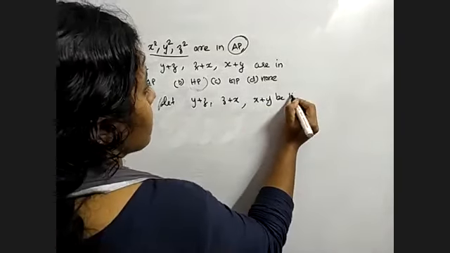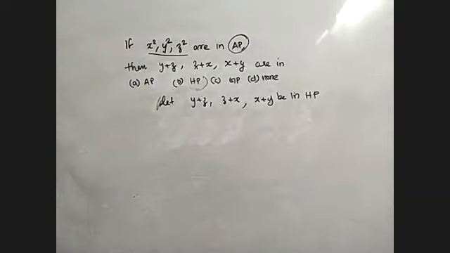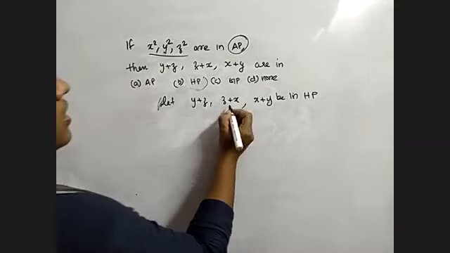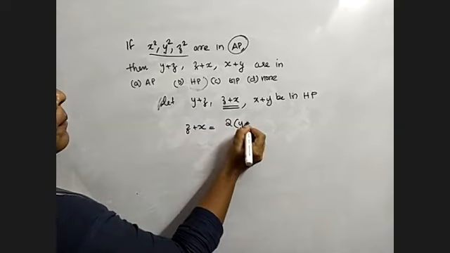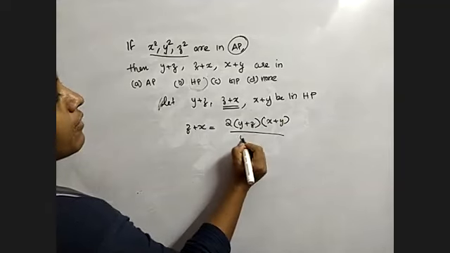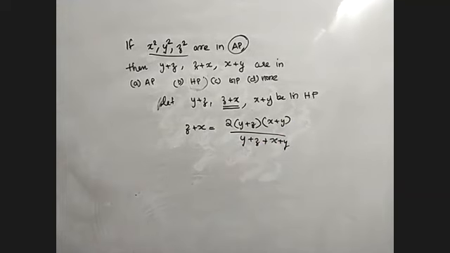I'm just assuming this is in HP, because we know that AP and HP have a relation. Then how can I write the geometric mean? The geometric mean z plus x is equal to 2 into y plus z into x plus y by y plus z plus x plus y, isn't it?